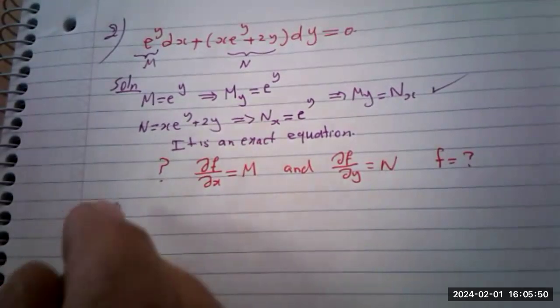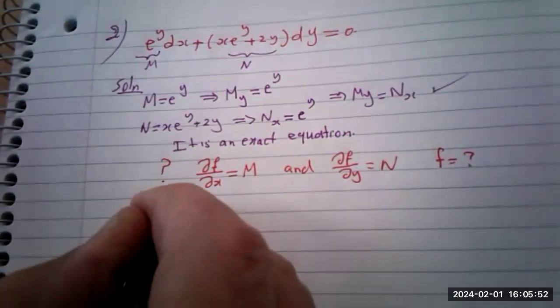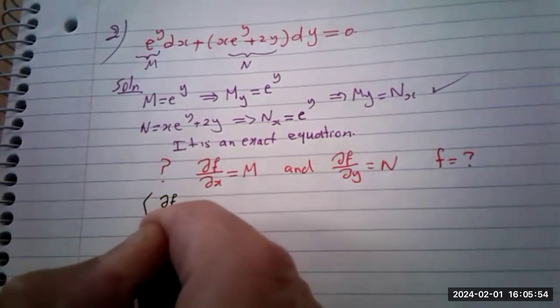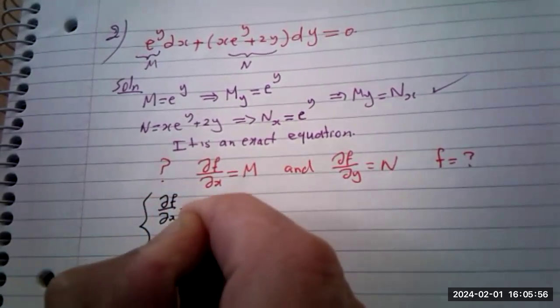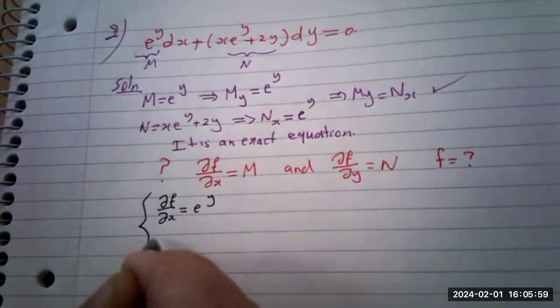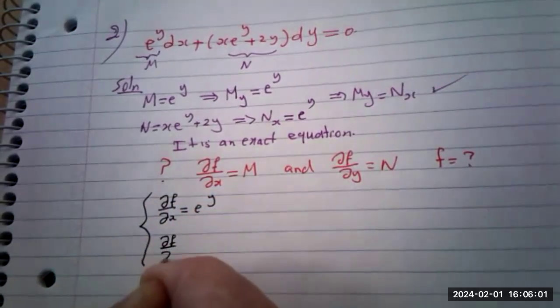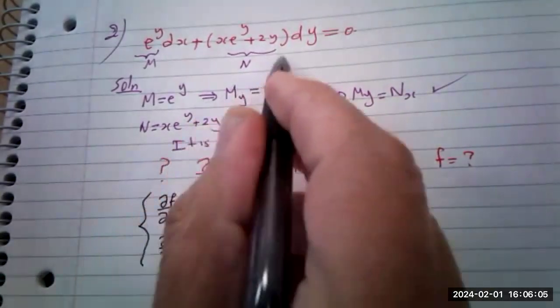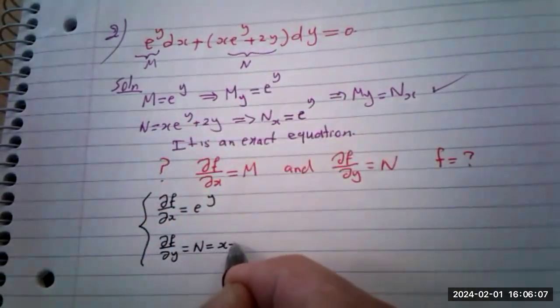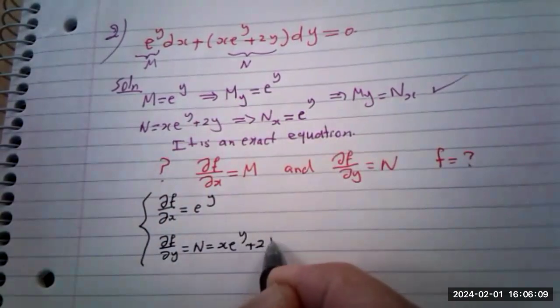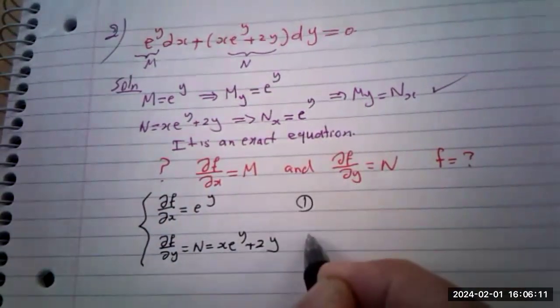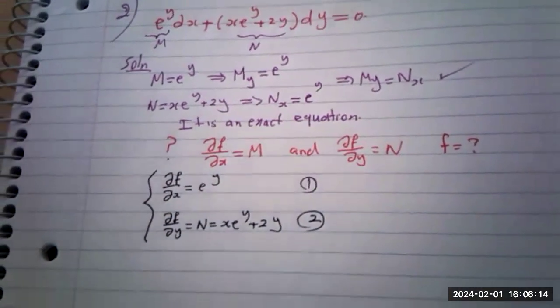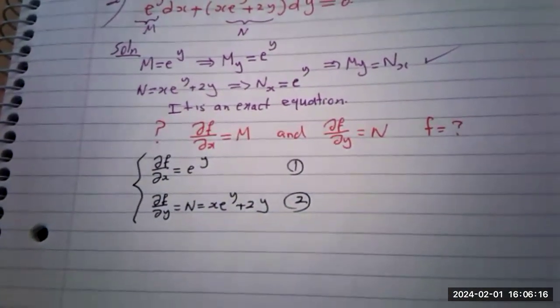We set f_x equal to M, which is e^y, and f_y equal to N, which is x e^y + 2y. These are equation 1 and equation 2, a system of partial differential equations.